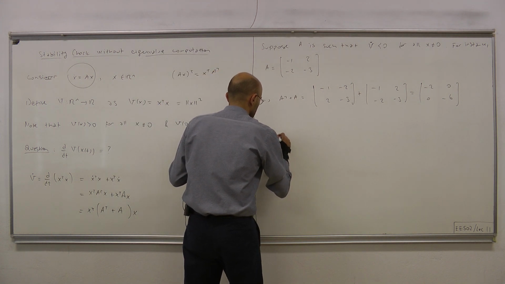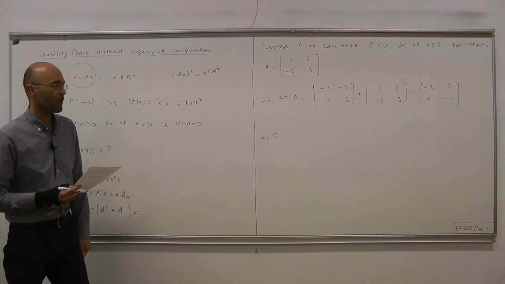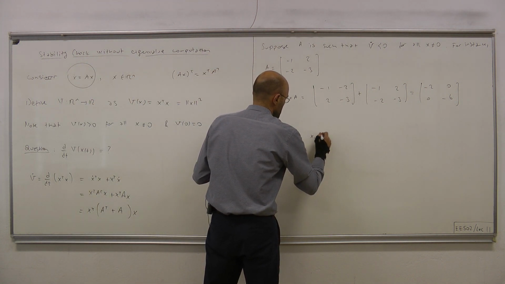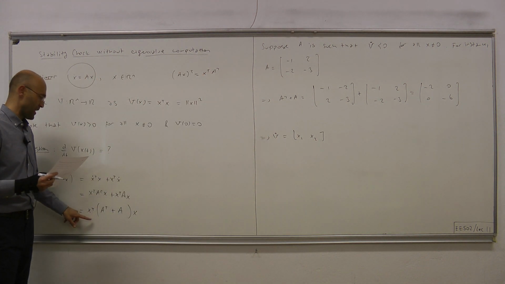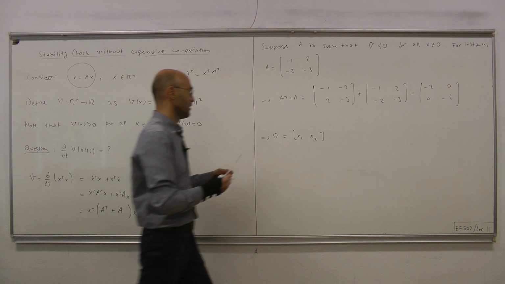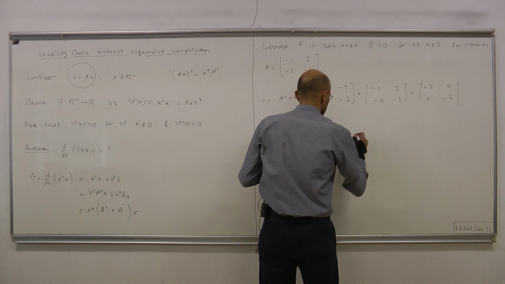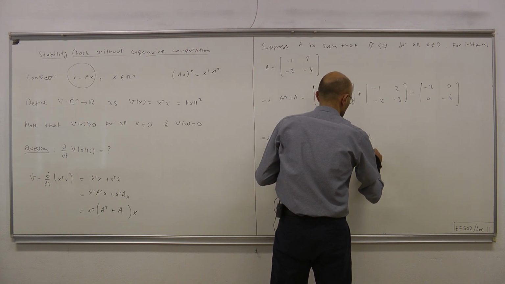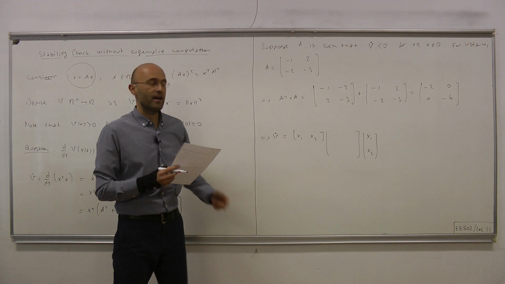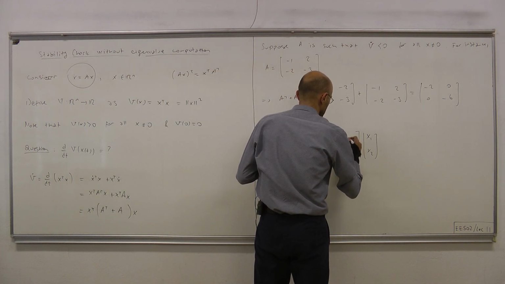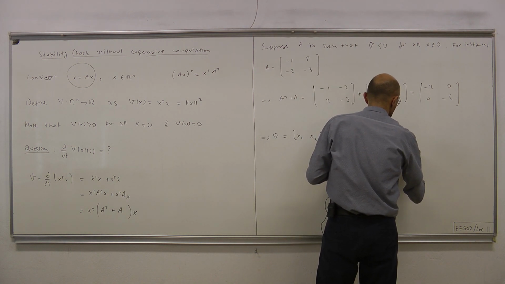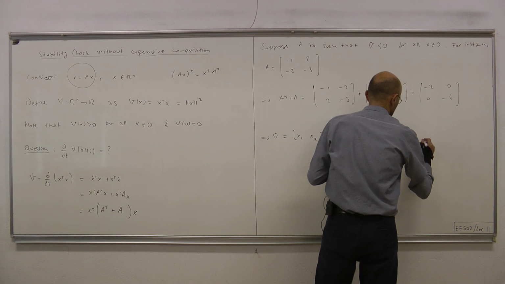So that allows us to write V dot equals x transpose, which is x1, x2, because we have two state variables, the system is of order 2, times A transpose plus A times x1, x2. A transpose plus A is that diagonal matrix, -2, 0, 0, -6, and that produces -2 x1 squared -6 x2 squared.